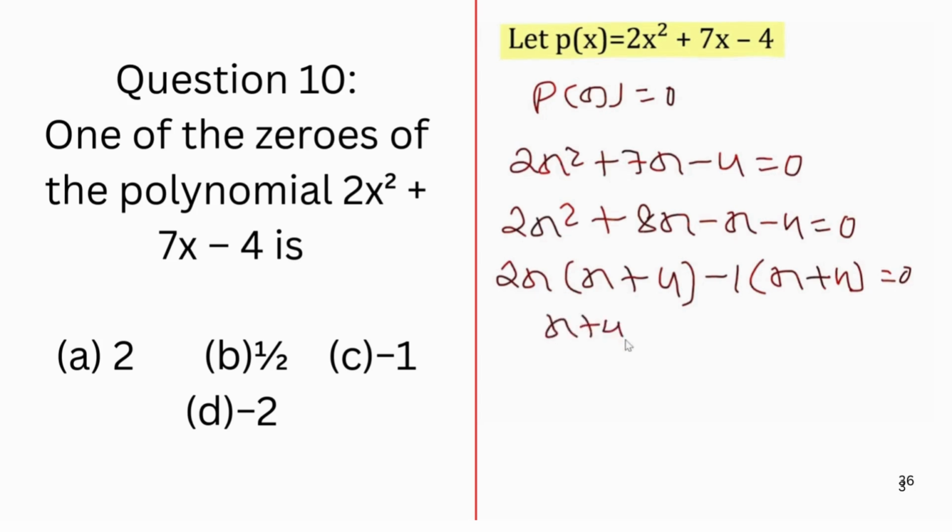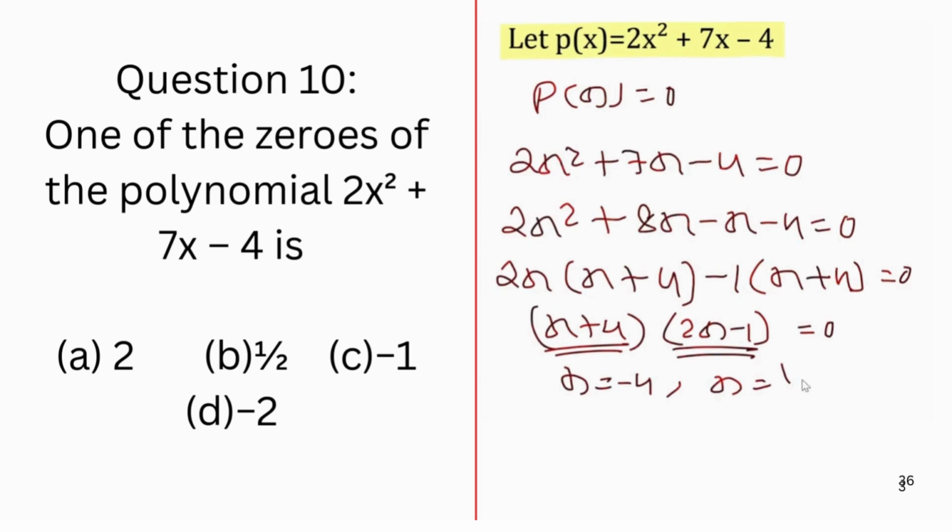So taking x plus 4 common throughout, we get x plus 4 multiplied by 2x minus 1 equals 0. Equating this with 0, we'll get x as negative 4, and equating this with 0, we get x is equal to half. So these are the two zeros of this polynomial.